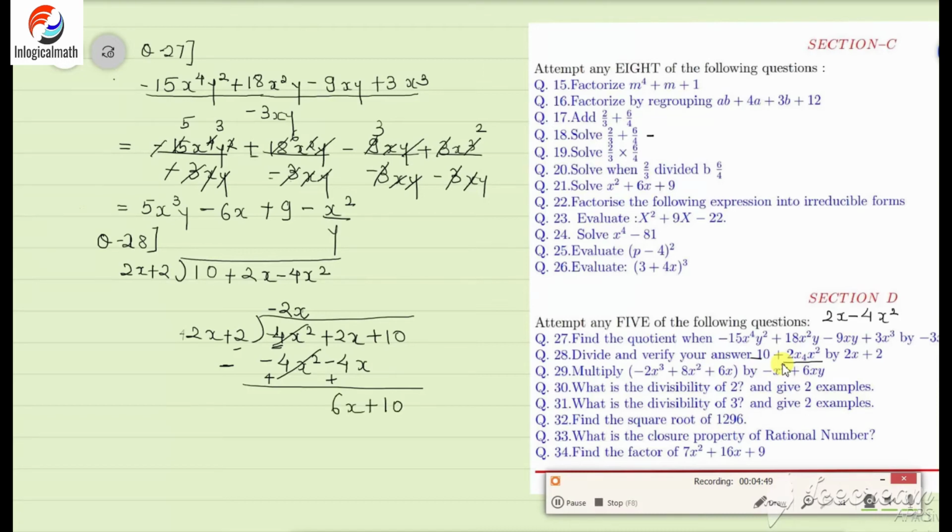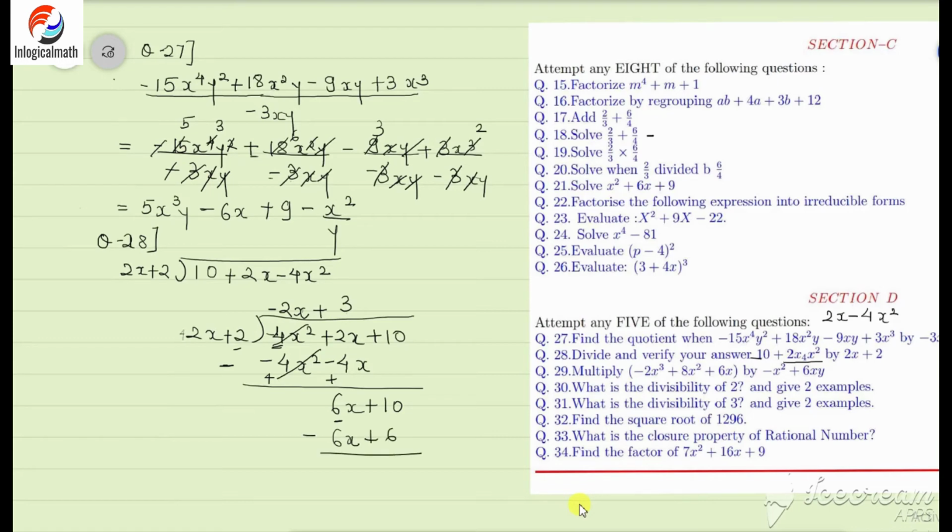Now for getting 6x, we just have to multiply by 3. 3 multiplied by 2x, what we get? 6x. And 3 multiplied by 2, we get plus 6. Minus, so this sign is going to be changed, plus will become minus, and this cancels with this. 10 minus 6, the remainder is 4. So we have done the division.